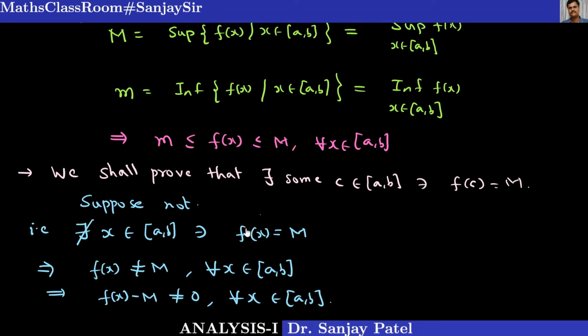So we are getting all these consequences. Let me call this star: f of x minus M is not equal to 0 for every x belongs to closed interval AB.